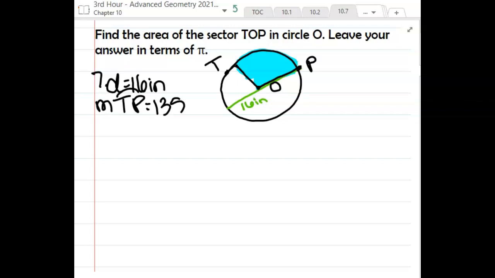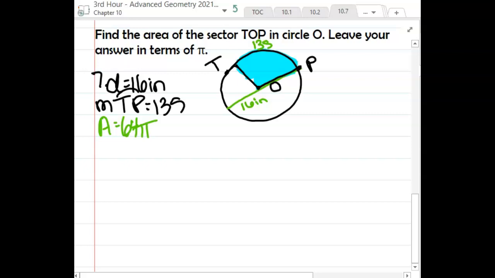It says the measure of arc TP, so straight from T to P, is 135. So once we have our picture, we're going to do the same thing as before. To find the area, what's the first thing I need to do? Find the radius. So 16 divided by 2 would be 8. 8 squared would give me 64, so my area is 64 pi.